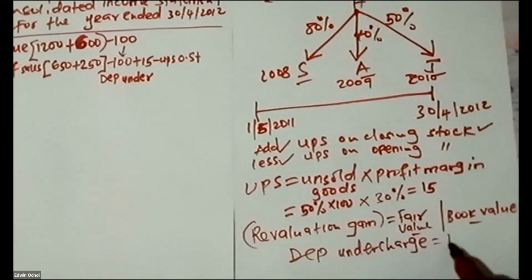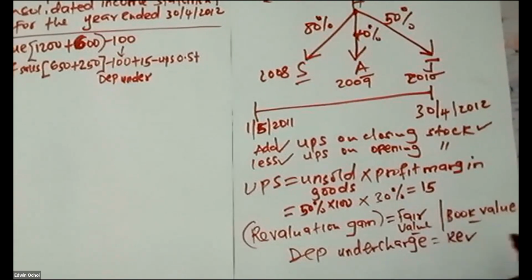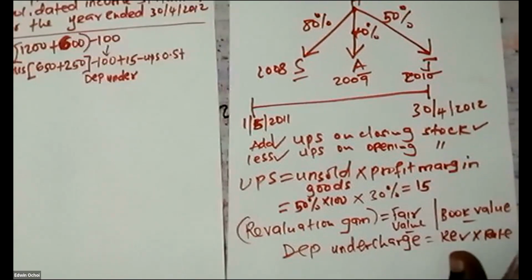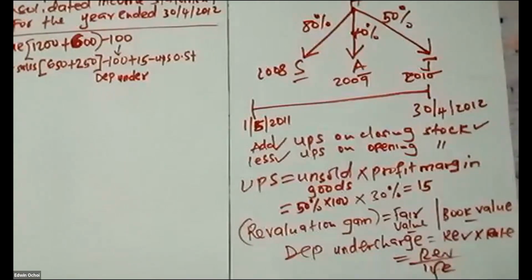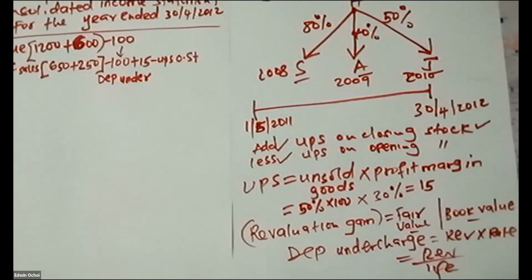You take the revaluation and multiply with the depreciation rate, or you divide the revaluation with the useful life. That is fine. There was no revaluation.